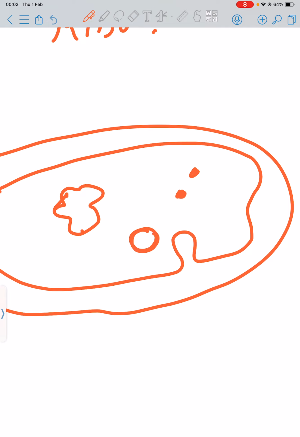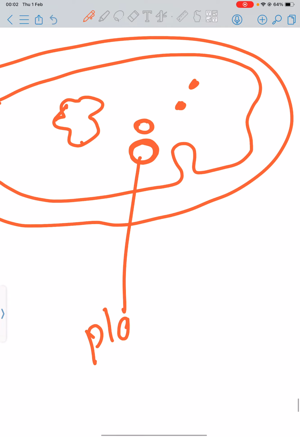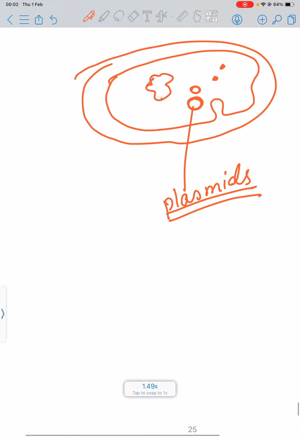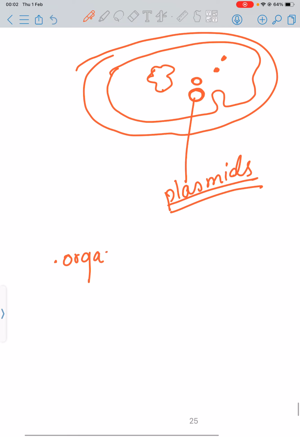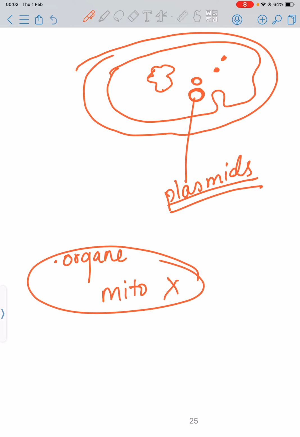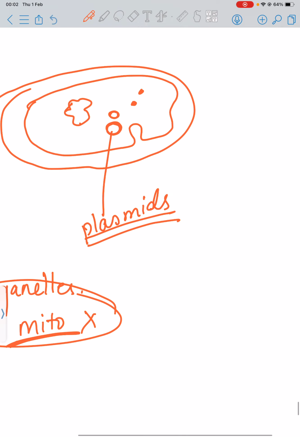Yes, extra chromosomal circular DNAs are known as plasmids. So in addition to that, you might find plasmids. You won't find other organelles like mitochondria, which is absent in bacterial cells, but you may find plasmids.